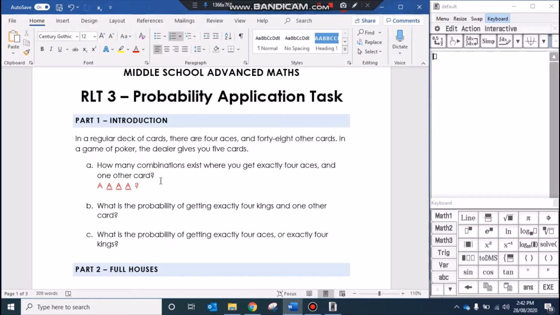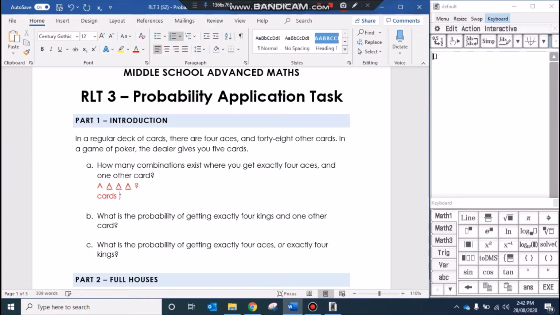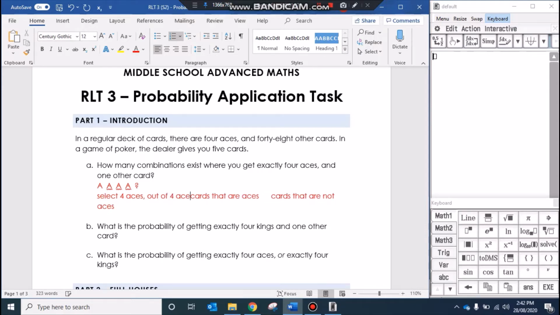You're focusing on 2 different groups here. You've got cards that are aces and cards that are not aces. So those are your 2 groups. And what you want to do is select 4 aces out of 4 possible aces.